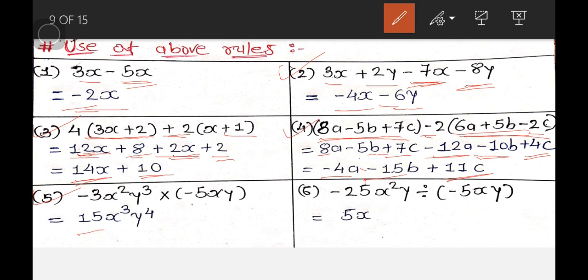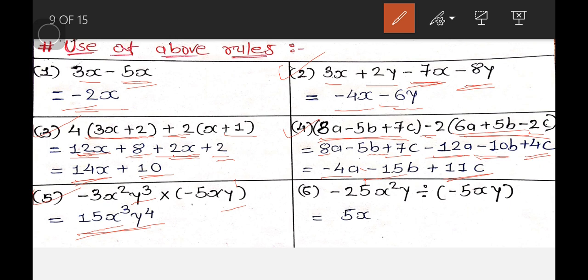Now x square into x, then we do addition of the powers of both x, 2 plus 1 equal to x raised to 3, and in the first term y has power 3, and in the second term y has power 1. Then we do addition, 3 plus 1 equal to 4. Then we get the answer 15x cube y raised to 4.